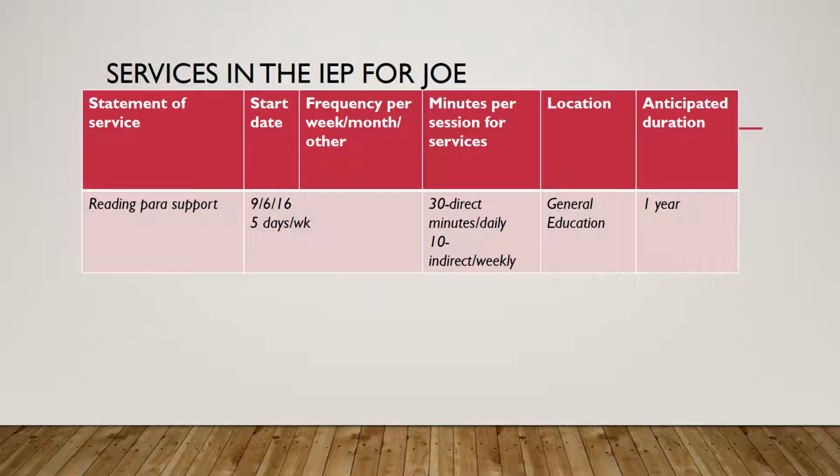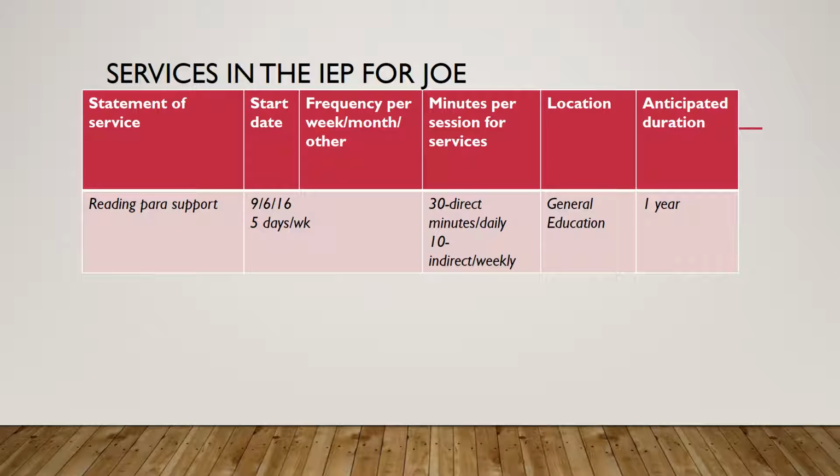Of service. So for Joe, one part of the IEP may look like this. Because he gets some additional support in the classroom, we would list it as reading para support. He's going to start this on September 6th. He's going to do this 5 days a week.